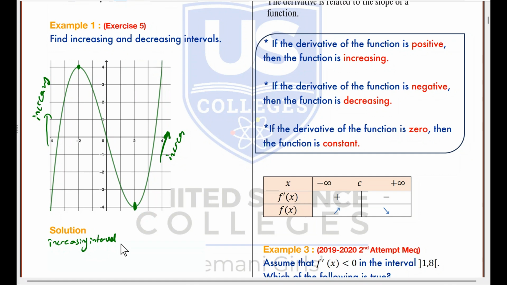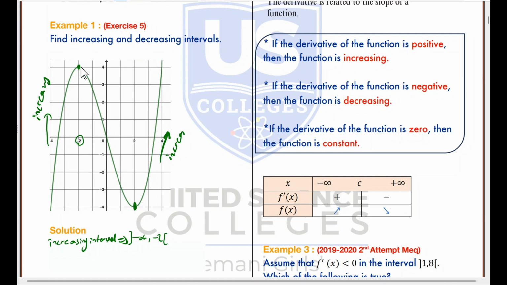The increasing interval will be from negative infinity, since the graph extends this way, to what number? Negative 2. It goes up to negative 2. When we write the interval, we never include those numbers because they are neither increasing nor decreasing.